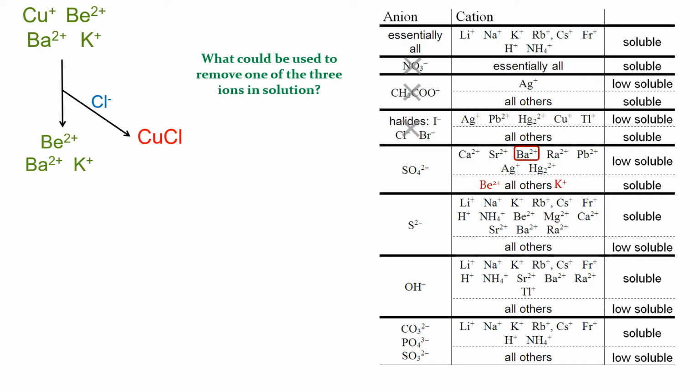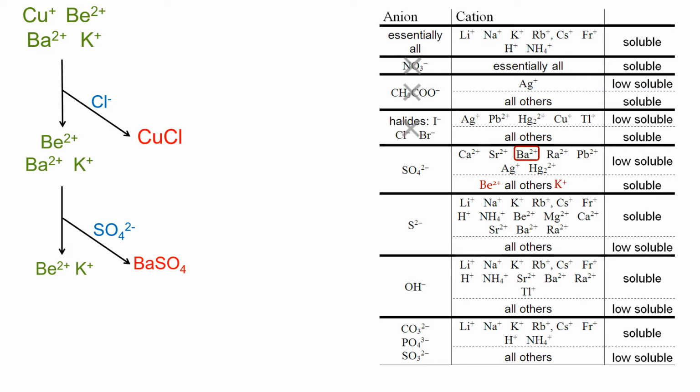So I could use sulfate in my next step because it will form a solid with barium. So I'll draw my arrows. I'm adding SO4 and SO4 will form a solid with barium, making BaSO4. Now Be2+ and K+ will flush down. Now that I use sulfate, I will also cross sulfate off the list.